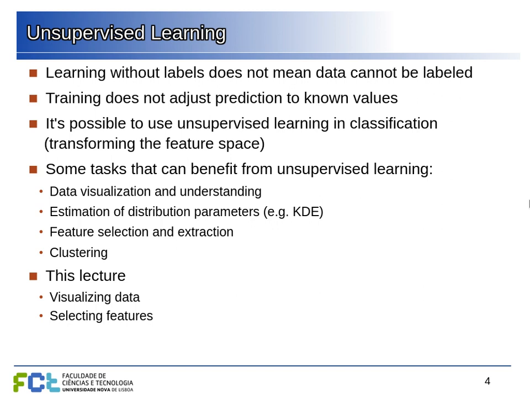Some tasks that we can apply unsupervised learning to is, for example, trying to understand data. So if we can select the right features or visualize data in an appropriate manner, it can help us understand the structure of the data. We can use unsupervised learning for density or distribution estimates.